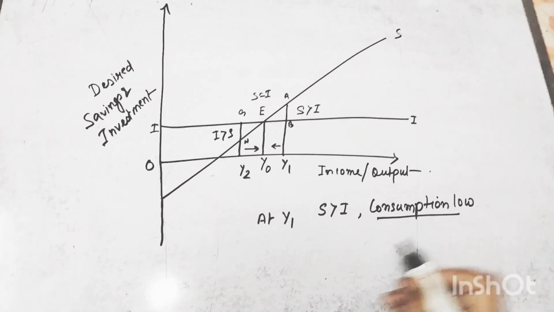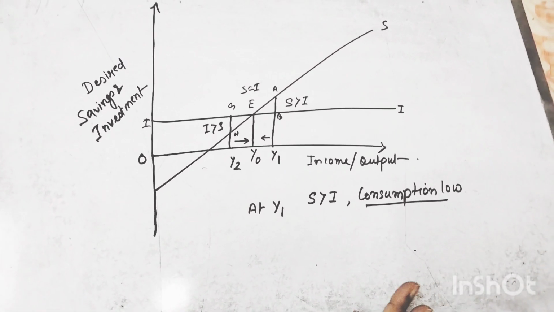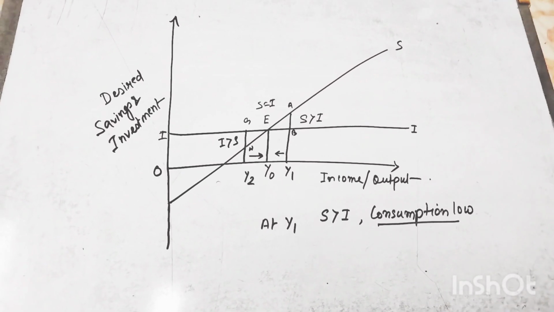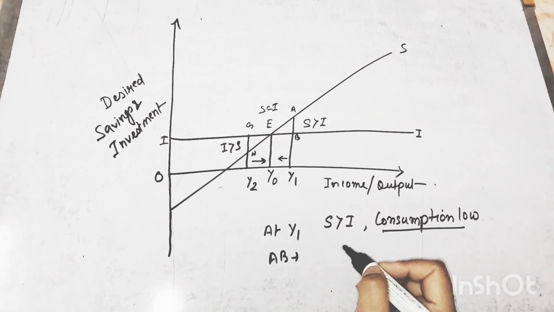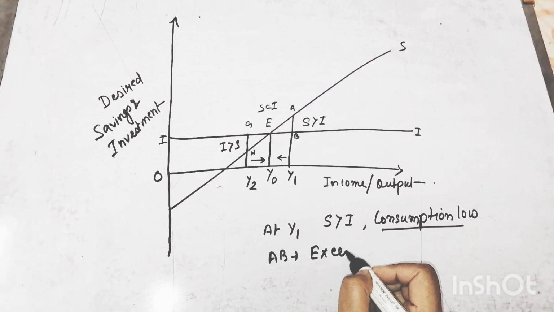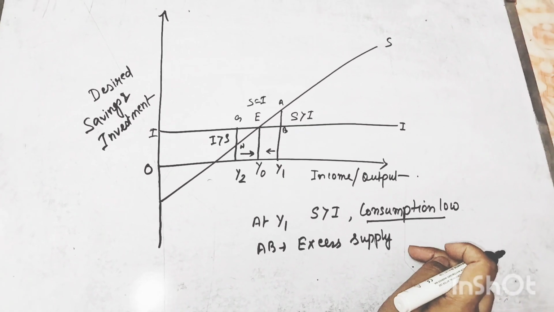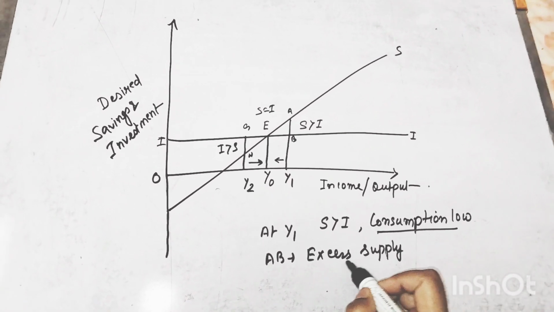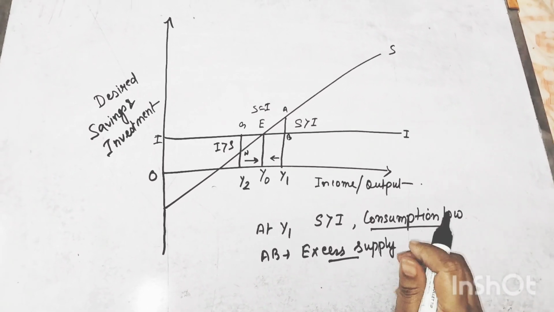Why is your consumption low? Due to higher saving. As your saving is more, your consumption is low. Then this point, that means the AB point, has excess supply. Why excess supply? Because your consumption is low, that means your demand is low, so supply will be more.